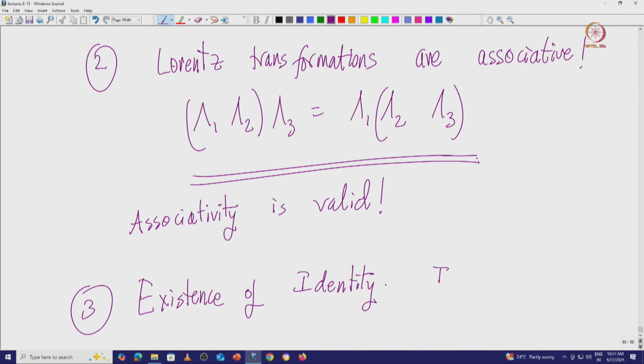So I is equal to lambda g mu nu, one up and one down, or this is equivalent to delta mu nu.